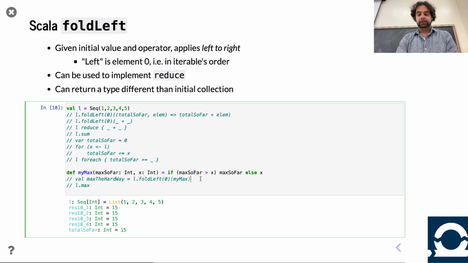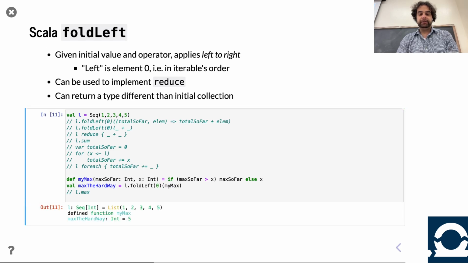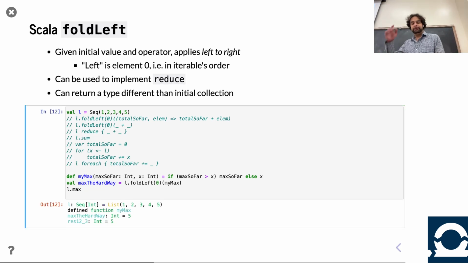So like I said, max the hard way. I'm using fold left. Originally let's assume there are at least some positive integers, so zero is not a bad starting point. And we just give it the function. Cool. And we get maximum element is 5. Scala also has a built-in dot max. That's nice. But we're seeing fold left applied, right? So in this case, we're going through it.